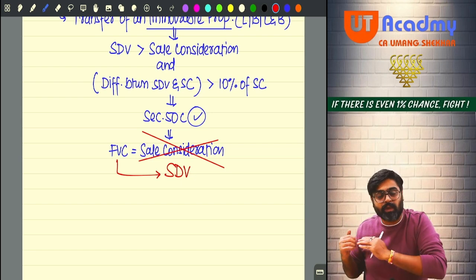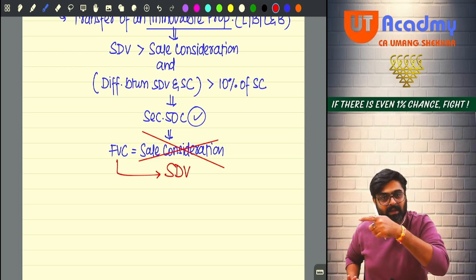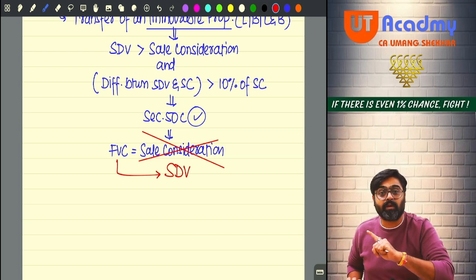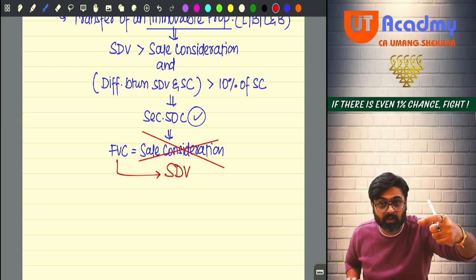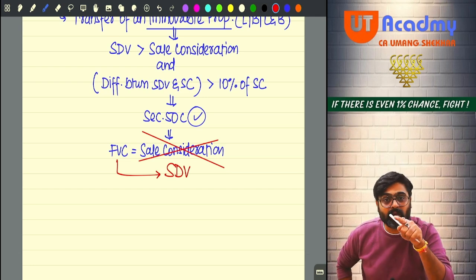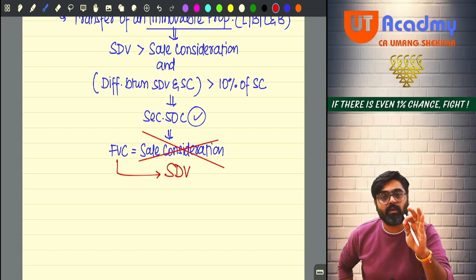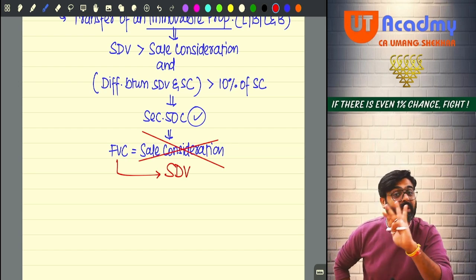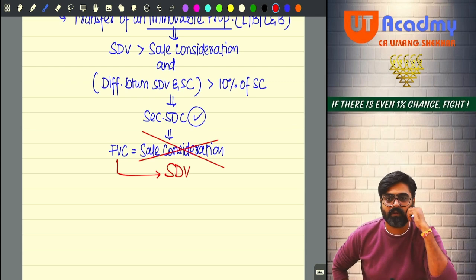If you show an agreement value below that, they will not charge stamp duty on that agreement value. They will charge the stamp duty on the value which they have determined. That is known as stamp duty value. According to the registration authorities, this is the minimum value at which you can sell the property. You cannot sell below this.